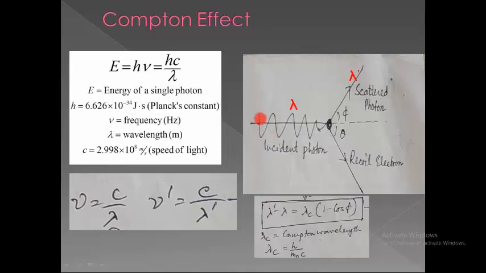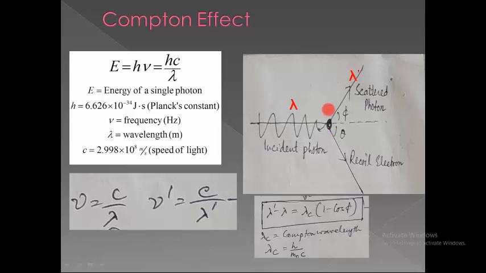So what we do, you can perform this experiment by using lower wavelength, for example gamma rays and X-rays, all of which have lower wavelength. When you have a very small wavelength value, energy is very high, and this high energy can knock the electron, and then you can perform this experiment.